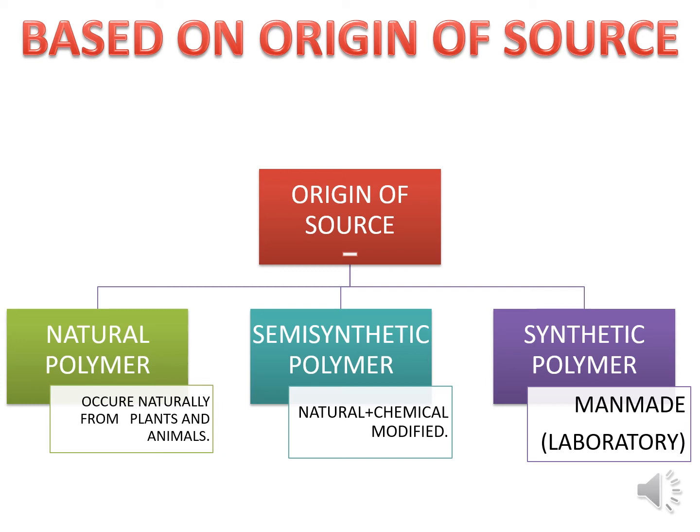Semi-synthetic polymers are obtained by making modifications in natural polymers artificially in a lab. Synthetic polymers are polymers which humans can artificially create or synthesize in a lab. These are commercially produced by industries for human necessities.